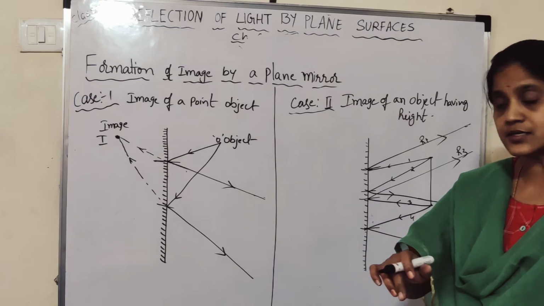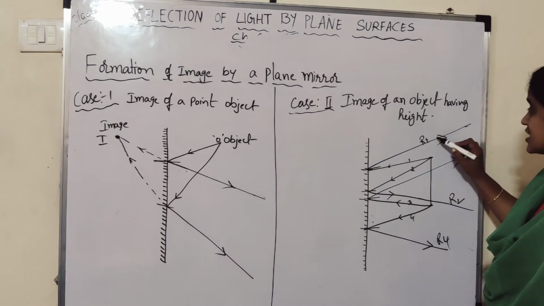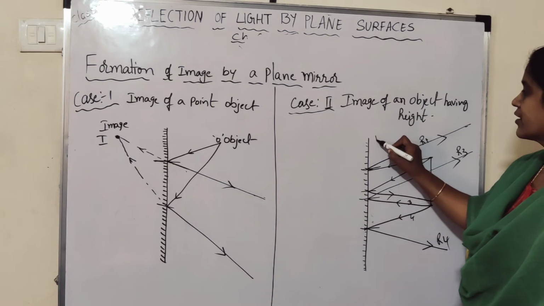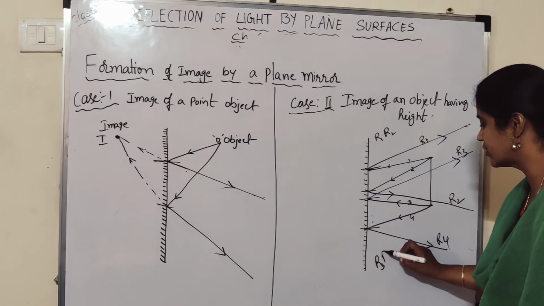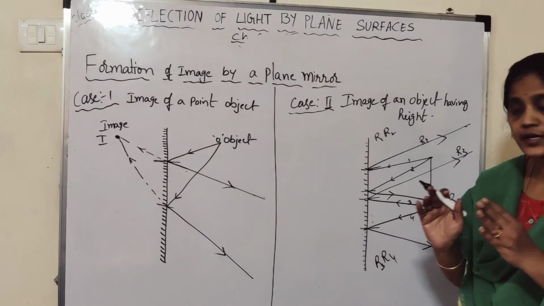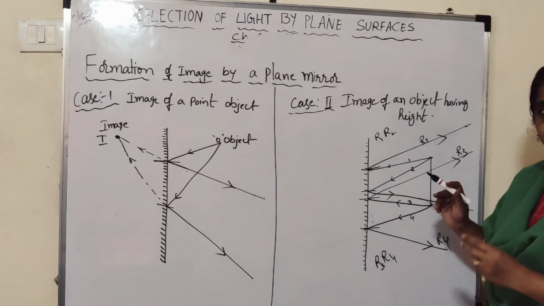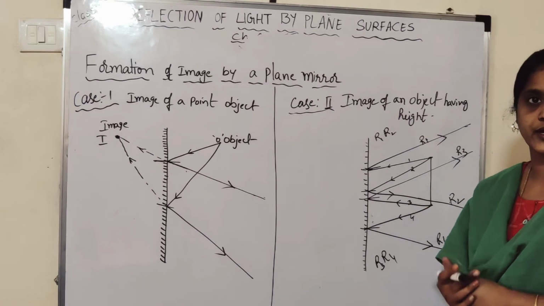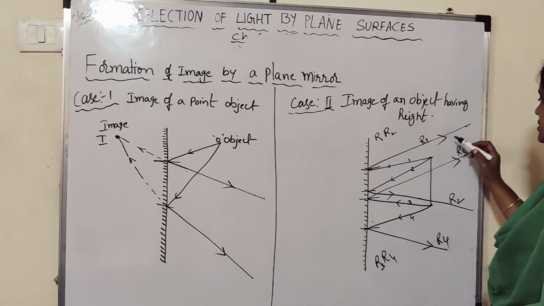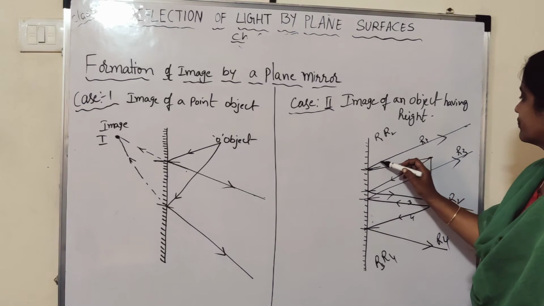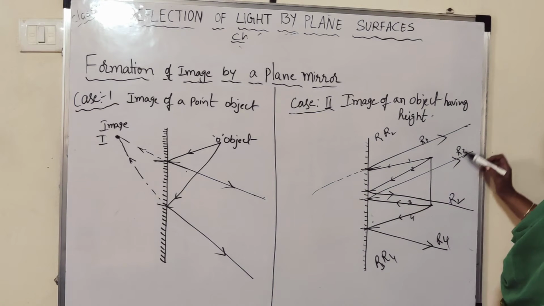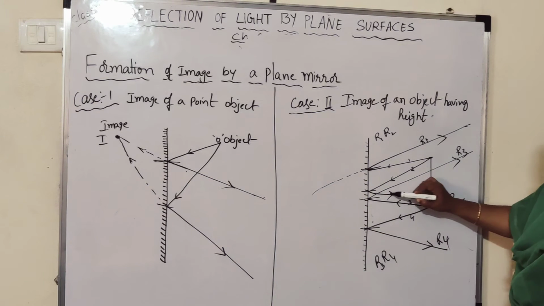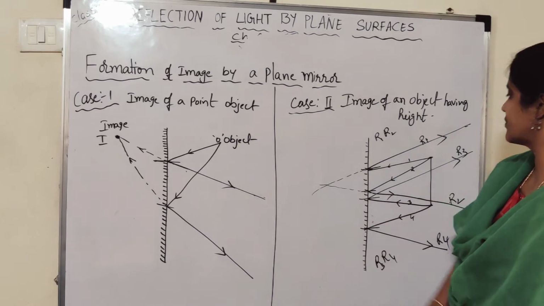But if you find the origin of these diverging rays, for ray 1 and ray 2 up, and for ray 3 and ray 4, if you find where the reflected rays are coming from, which point they are coming from. See, R1 is the reflected ray, so just extend it backwards. And what about reflected ray 2? Just extend it backwards too.